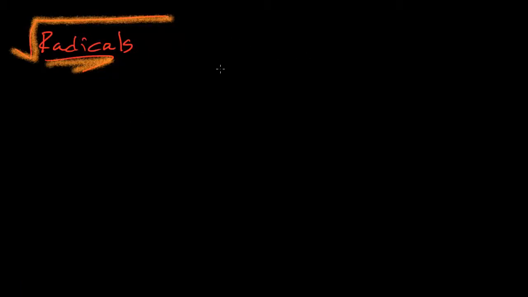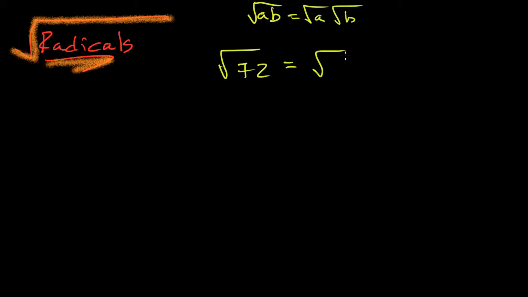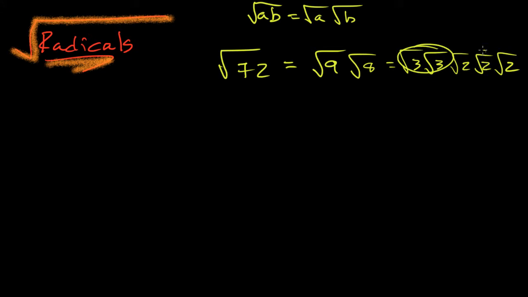In the last video, I showed you how to simplify square roots like the square root of, let's do 72, by using the product property, which remember said the square root of a number is equal to the square roots of its factors multiplied together. Well, if I can factor 72 to be 9 times 8, and I could factor those even further into 3 and 3 for 9, and 2 and 2 and 2 for 8, any pairs of the factors that I get, I can use when I simplify the radical.